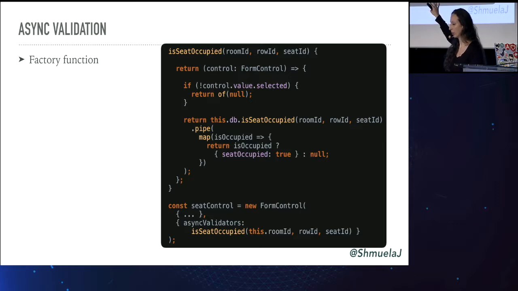Okay, so when we have this stream and we pipe to it, then it is already wrapped as an observable, so we don't have to return of null. Okay. So this is a factory function, but the thing is, it will create a function, a validator, for every seat control, and that's a lot of functions to have.